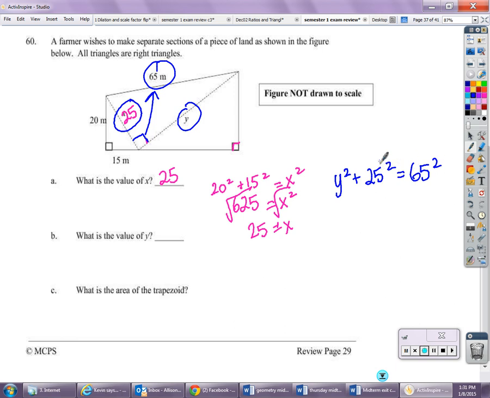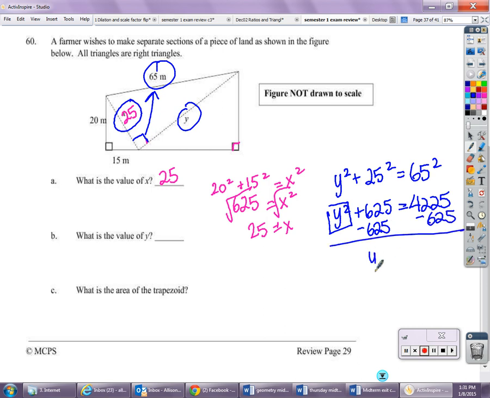25 squared is 625. And 65 squared is 4225. Alright, you really, really, really want y squared by itself. So I'm going to get rid of this annoying brother, 625, and get y squared to be 3600.